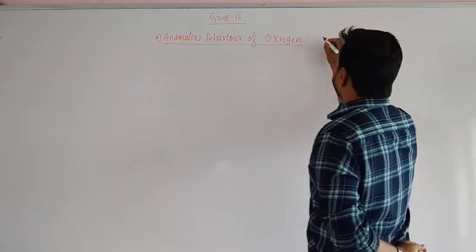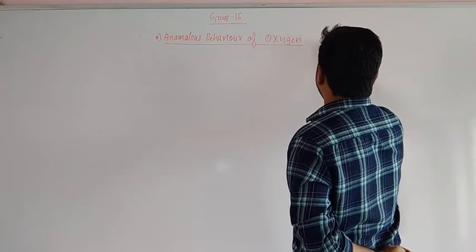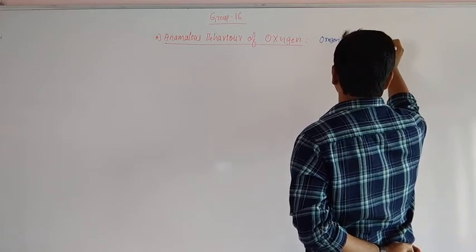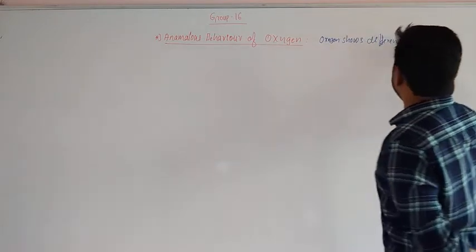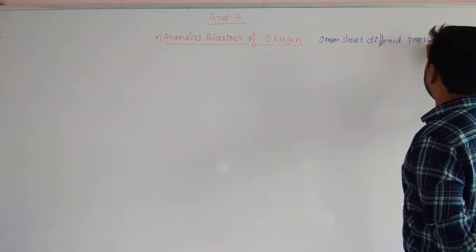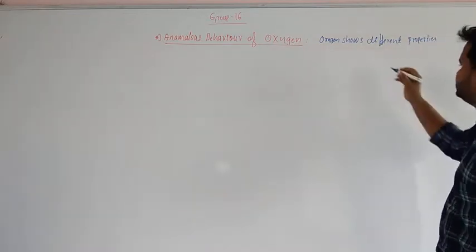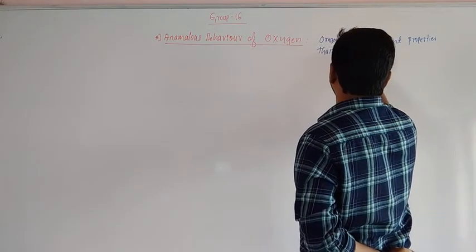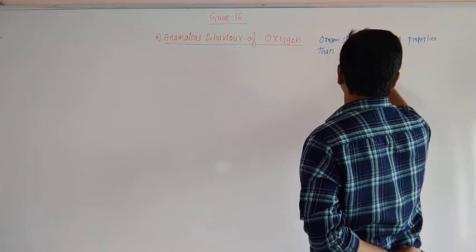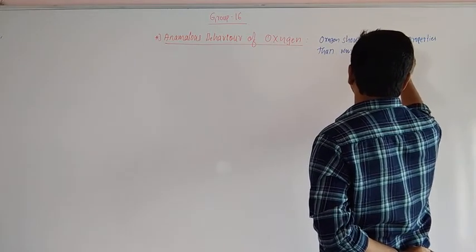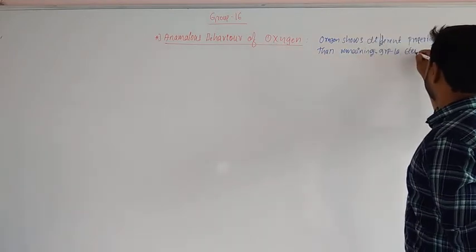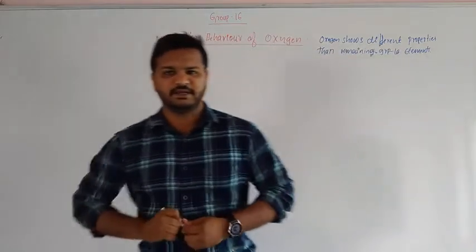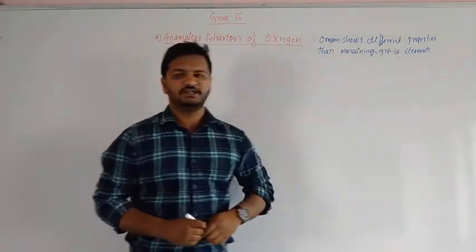Anomalous behavior means oxygen shows different properties than the remaining group members, or you can say remaining group 16 elements. Oxygen shows different properties than the remaining group 16 elements.